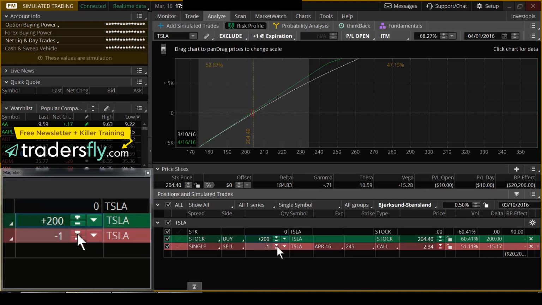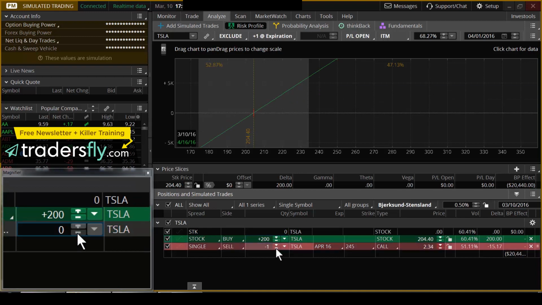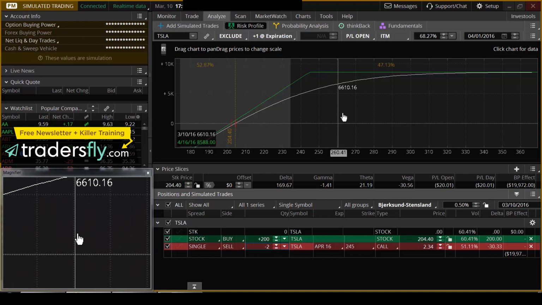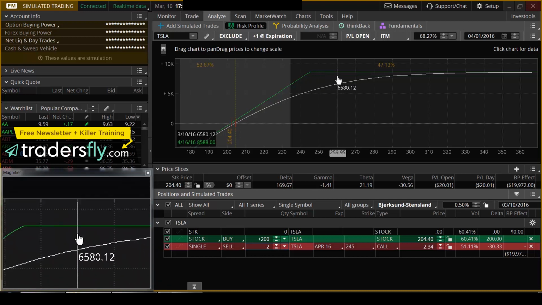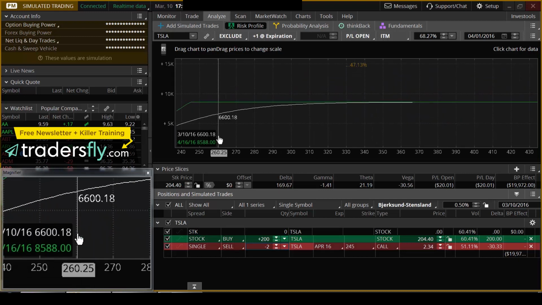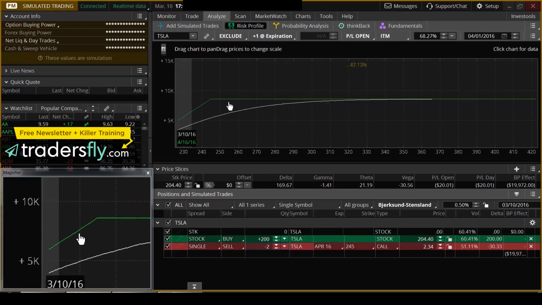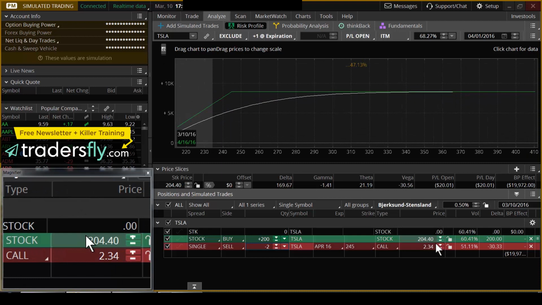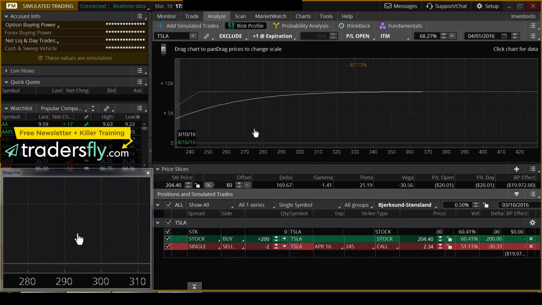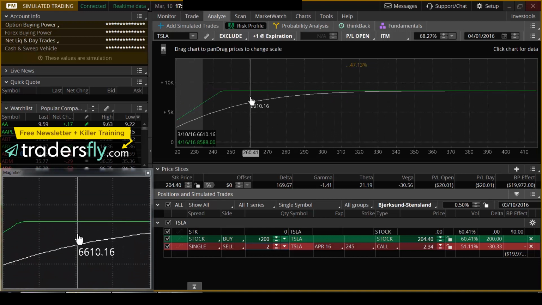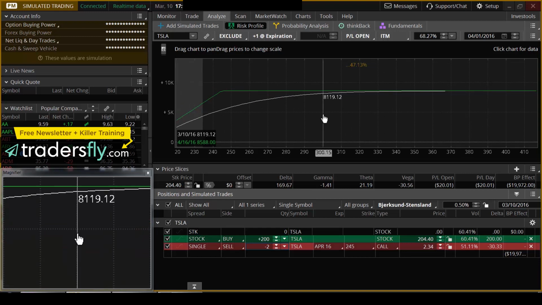If I had 200 shares, I would sell two contracts. So therefore, if it gets to 260, I still only make, at expiration, $8,588, because I make the price value of stock appreciation plus what I sold these contracts for, okay? So at 260, I would make $8,588. At 300, I would make $8,588. At 340, I would make $8,588.